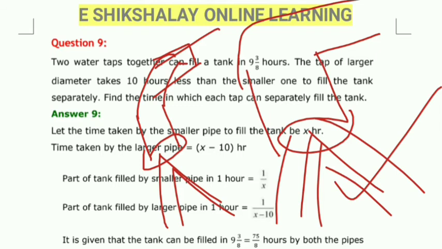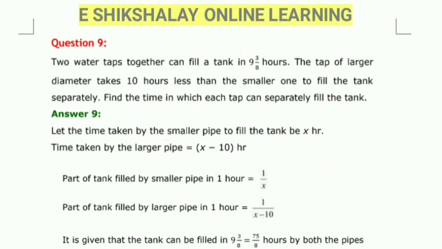In the last, we have to find what? In the last part of the question, we have to find the time taken by each tap to fill the tank separately. Generally we choose the variable from the last line. As it is asking to find the time, we have considered the time x.